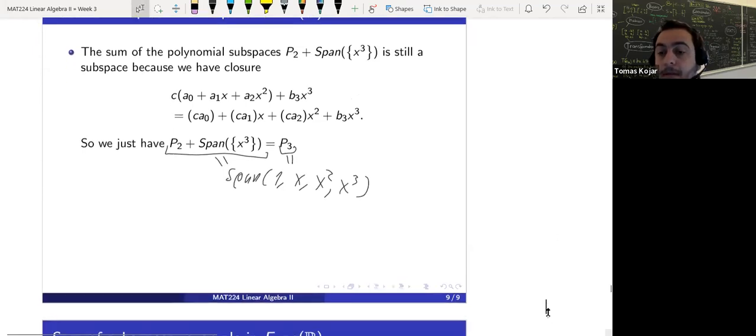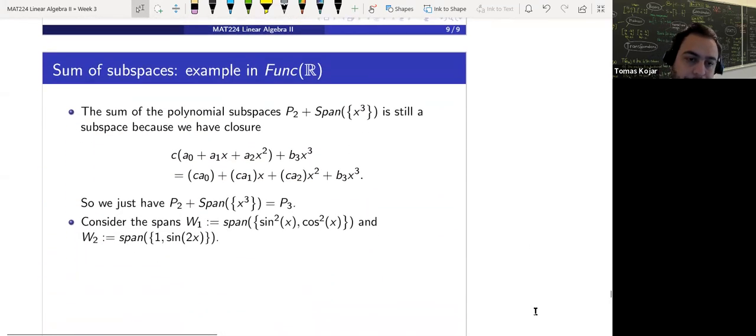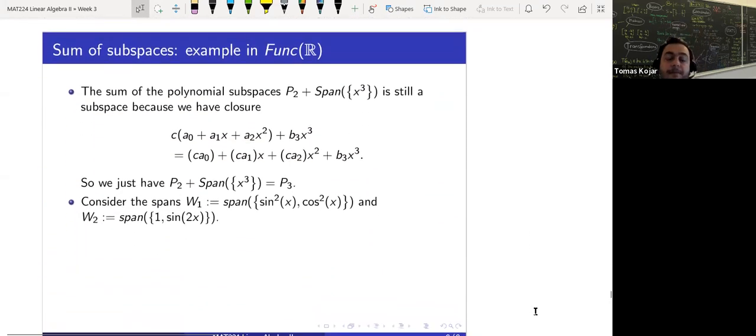Okay. All right. So let's do one more example. Take the following two vector spaces. One generated by sine squared, cosine squared, and then one by sine 2x.